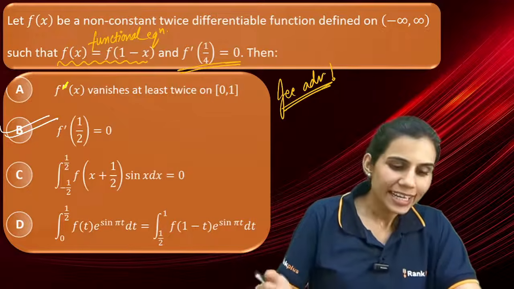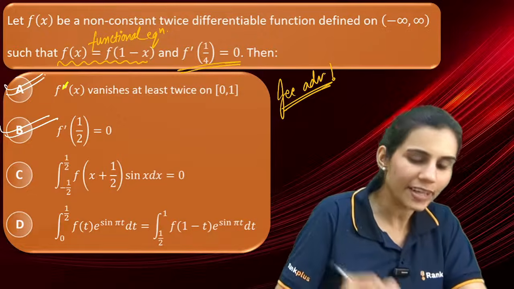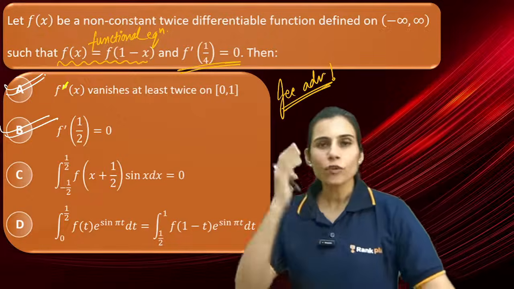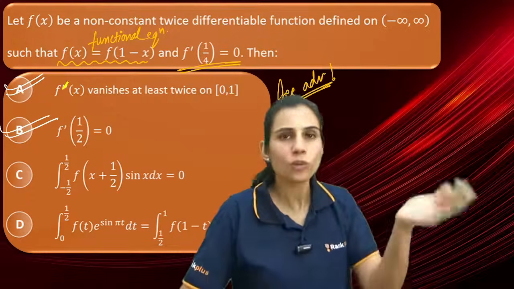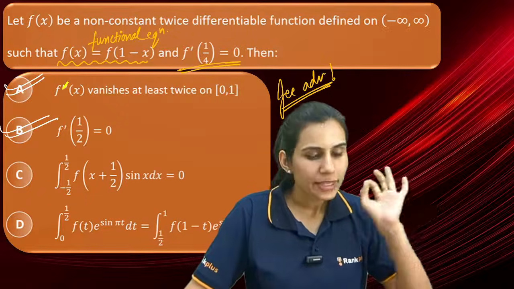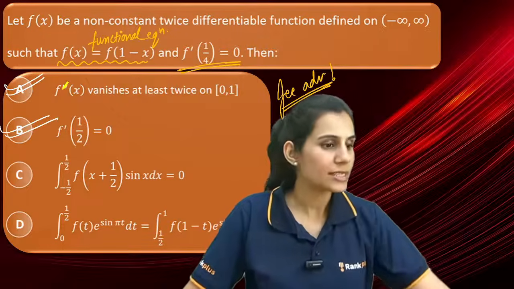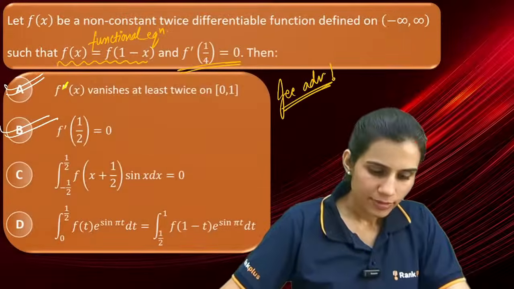So it might vanish at more points, but at least 2 times it is 100% vanishing, at 1 by 4 and at 1 by 2. That I don't care. Looking at the option, it is 100% true that f dash is vanishing at least twice in 0, 1. Okay, let's come to option C.